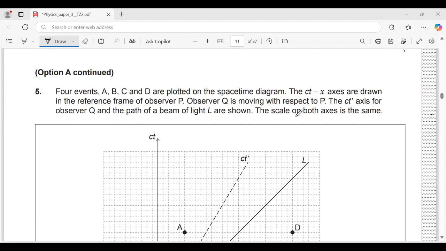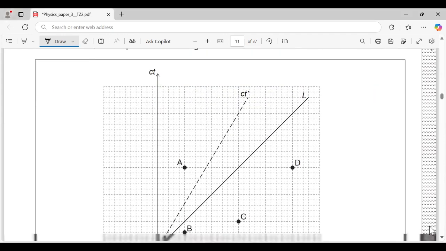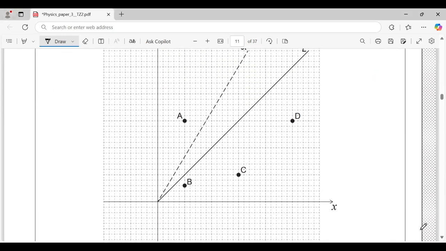The scale on both axes is the same. When I say the scale, this is 1, 2, 3, 4, 5, 1, 2, 3, 4, 5, right.